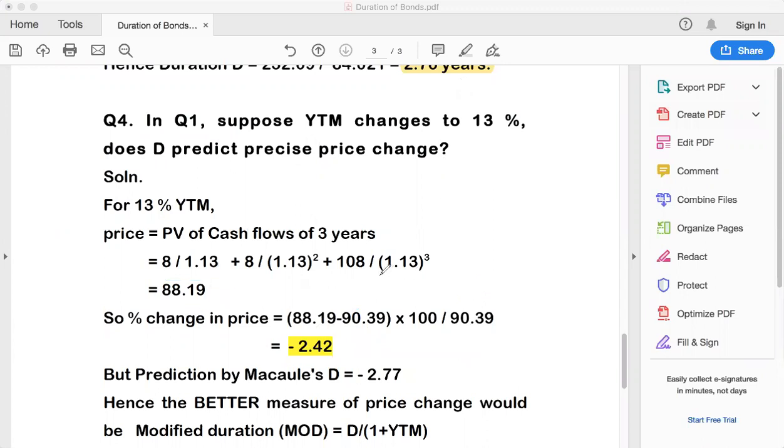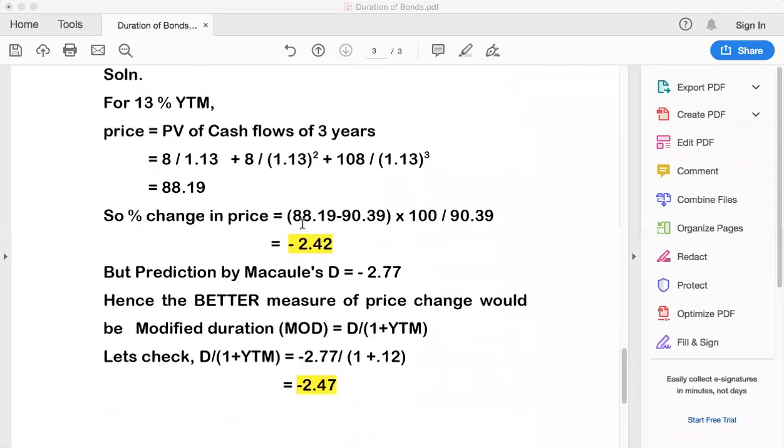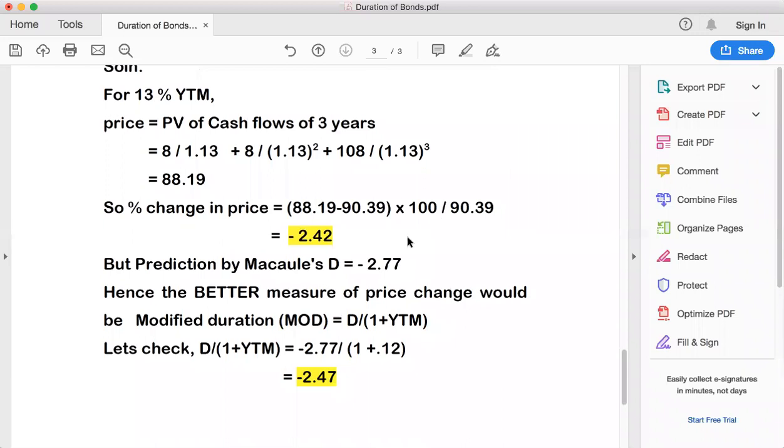So what will Macaulay's duration predict here? Macaulay's duration, we calculated in question number 1. We found that Macaulay duration was 2.77, right? So Macaulay duration was predicting a price change of 2.77%. You understand?